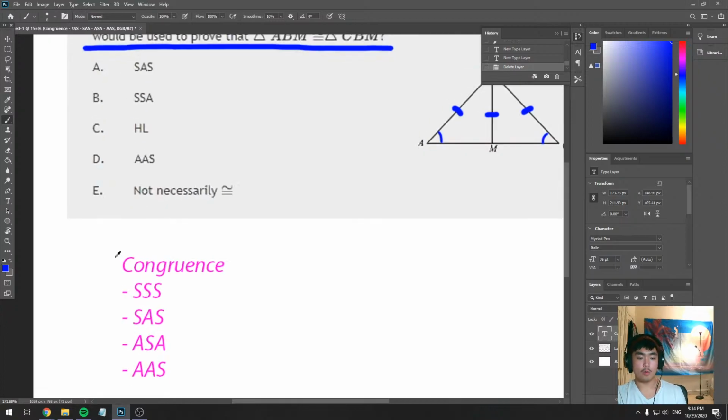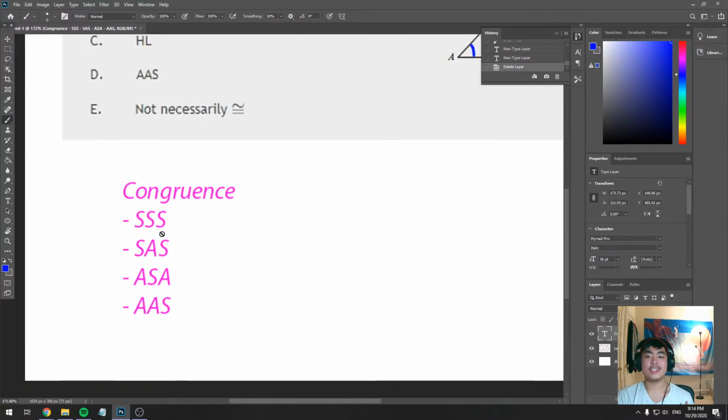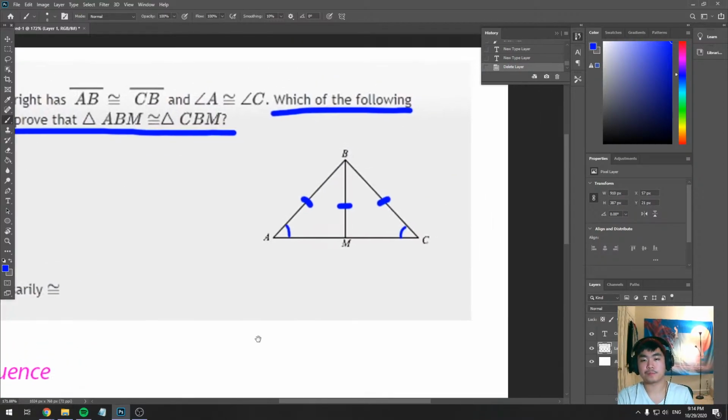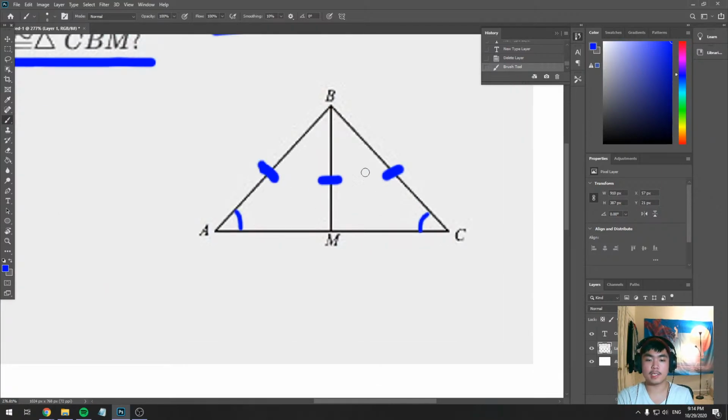Right? What do these mean? What they mean is I need 3 pairs of either sides or angles that are exactly the same, that are congruent, right? So for example, I have this side is equal to this side. So I have 1 pair of congruent sides, right? They are the exact same. They're 1 pair.